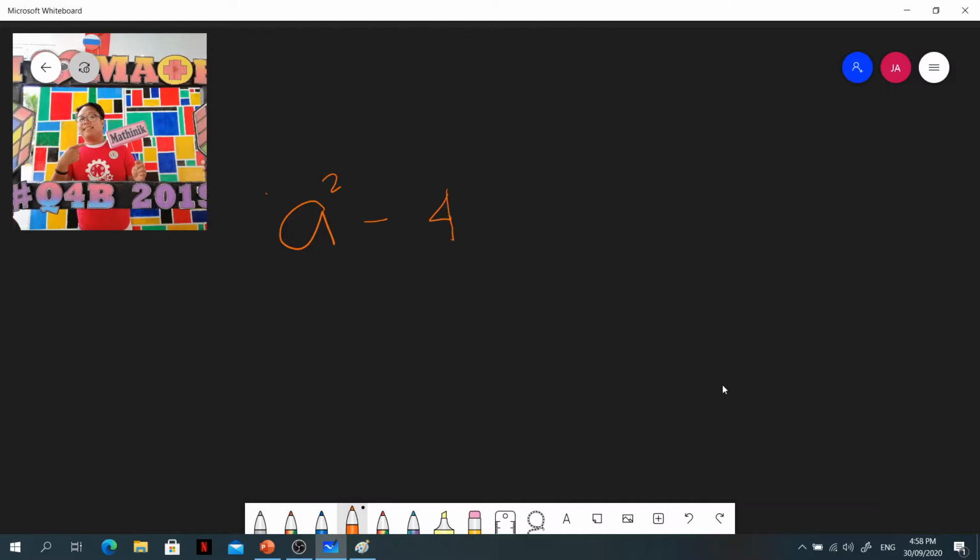So, ginamit natin yung difference of two squares doon kasi yung dalawang term na pinag-minus natin ay mga perfect square. So that is why we use the difference of two squares formula na kung saan ang magiging kalalabasan ay nasa ganitong pamamaraan.